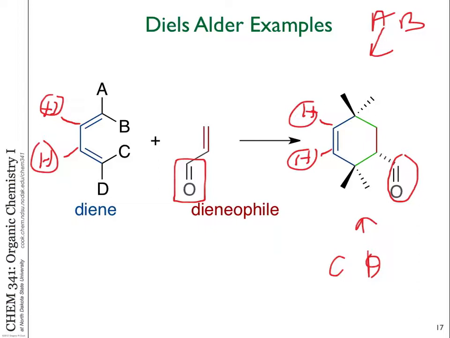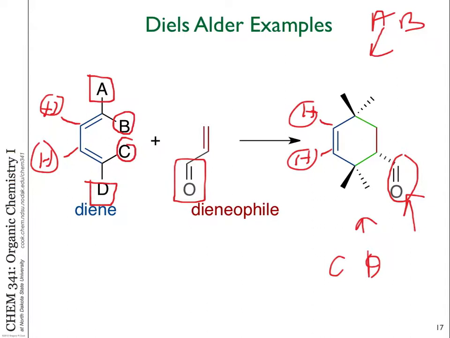All right? So let me just say that in this case, the groups which end up on the same side as this group from the dienophile, this CO double bond, are the ones pointing out away from the diene, and the groups pointing in end up on opposite sides.